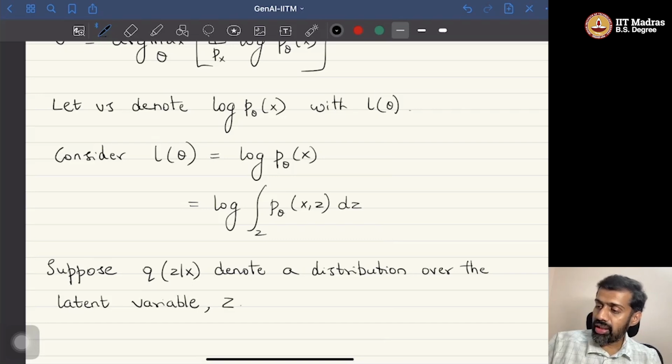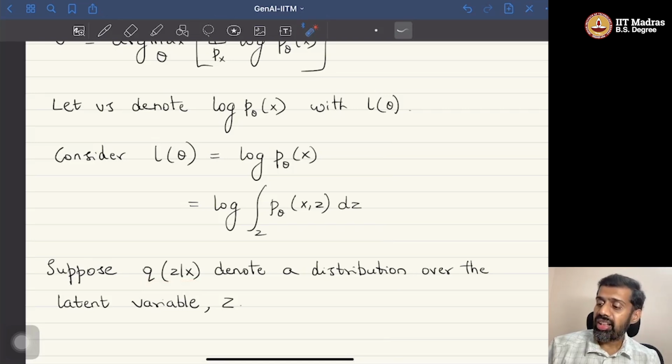Please note that in a latent variable model, the latent variable z is not given to us, but we will estimate it along with the model parameter theta. Which means that we can take any distribution over the latent variable and come up with some optimality criteria to estimate it. So let's say that q of z given x denotes some distribution over the latent variable z. It can be any distribution.